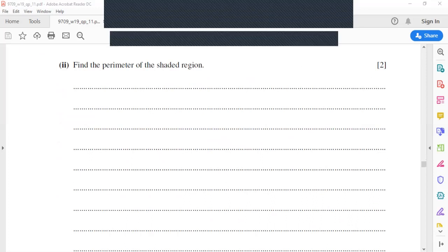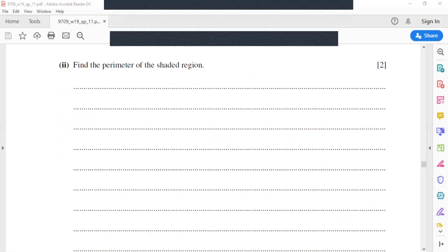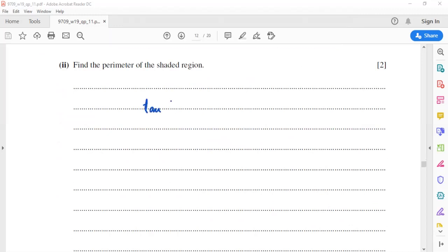Now here we have tan, and the angle is halved as well. Tan of 3 pi by 16 equals opposite over adjacent, which is AB over OA. So we can find AB, which is OA, and we have the value of OA, which is 5.093, times tan of 3 pi by 16.